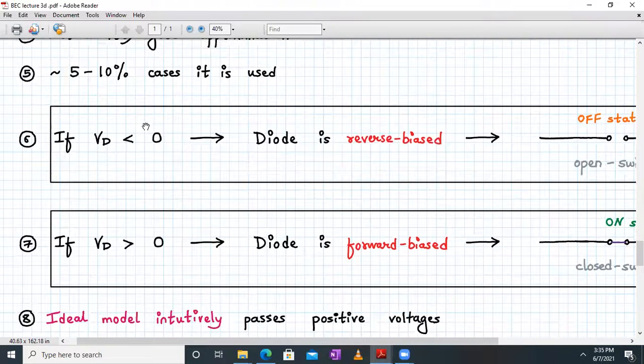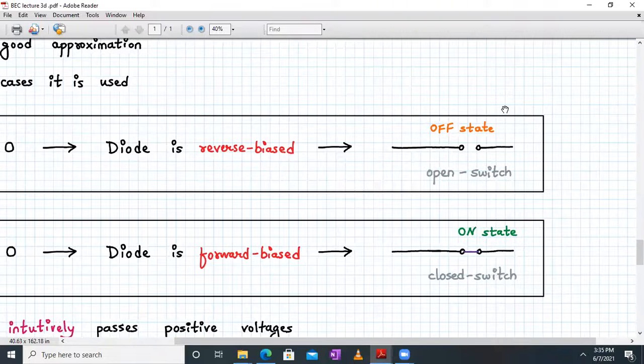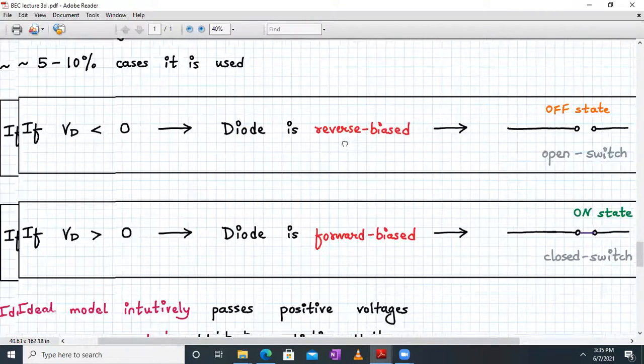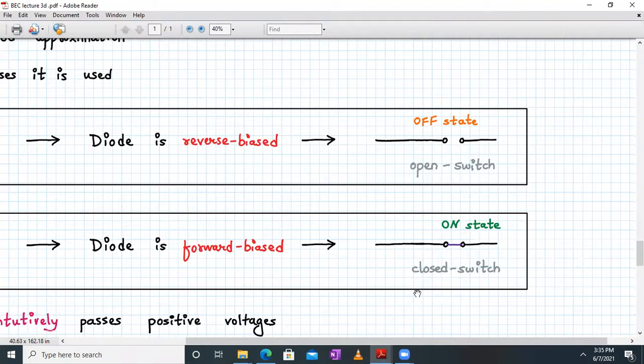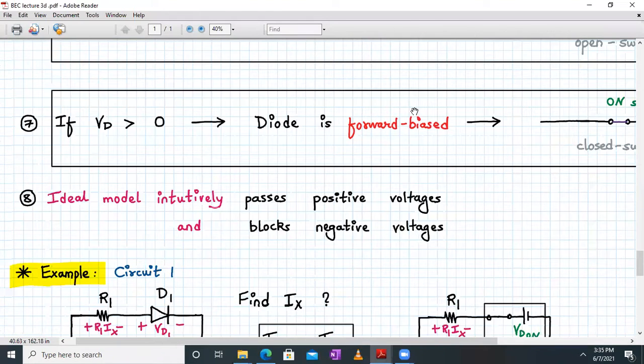So here it is. If diode voltage VD is less than 0, the diode is reverse bias, or it is in the off state, represented by an open switch. And if VD is greater than 0, the diode is forward bias, and it is represented by the on state, that is a closed switch. As simple as that. So we can say that the ideal model intuitively passes positive voltage and blocks negative voltage. So it is true over here.